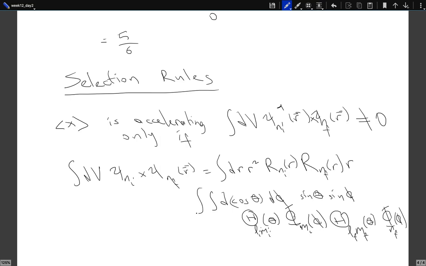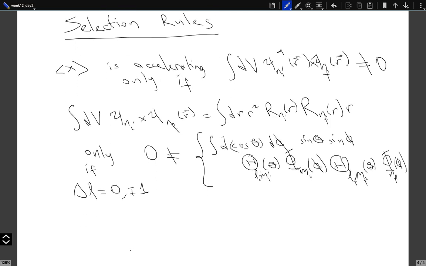And that part of the integral is non-zero only if delta L is equal to 0 or plus minus 1, and delta M is plus minus 1.